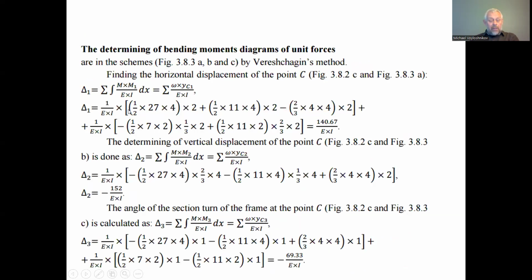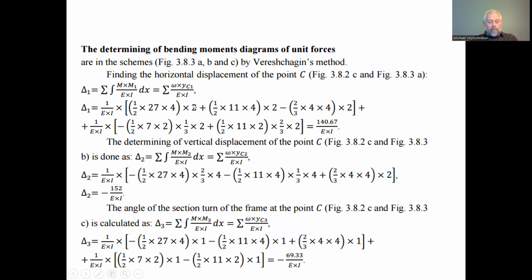So the half part of the area, the base of the triangle 27 being the magnitude of the bending moment in kilonewton meters, multiplied by 4, the height of the triangle, the length of AB element of the mechanical system, and multiplied by 2.